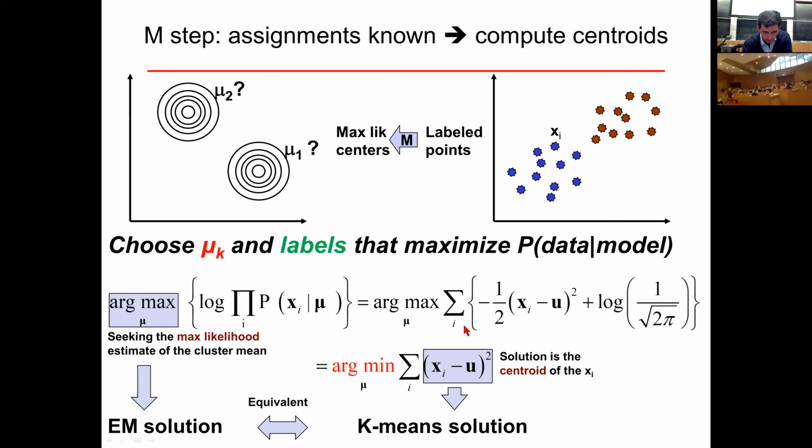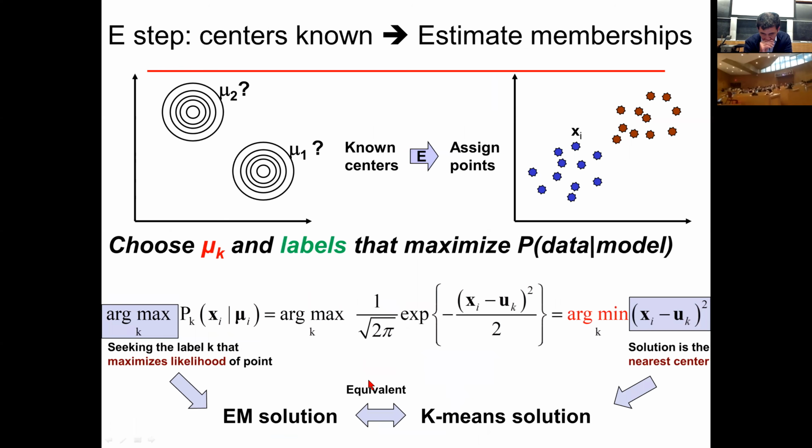So this is basically how we choose the center definitions, and then how we choose the assignments. For every point X, I want to choose a label K that maximizes the total likelihood of producing point X from the center. That's maximizing this, which is the same as minimizing that distance, given the minus sign here.